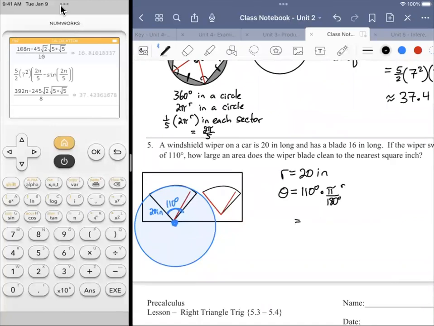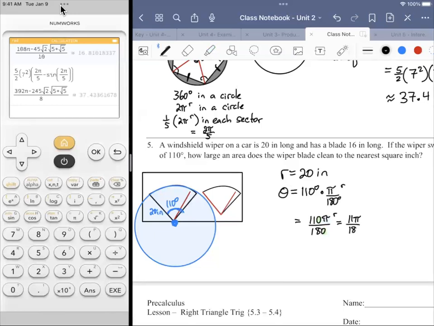And that'll give me 110 pi over 180 radians. Now, this one I feel obligated to simplify, only because both the top and the bottom have a 0 in it. So those simplify away. You don't have to simplify.